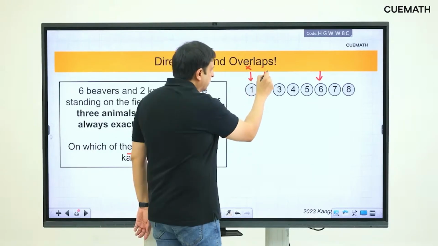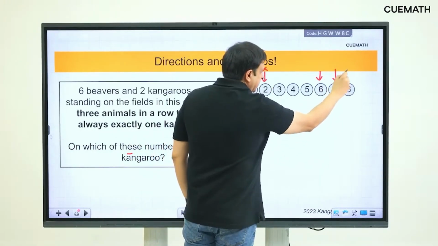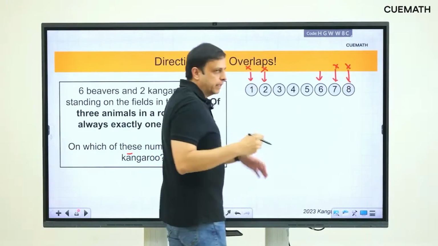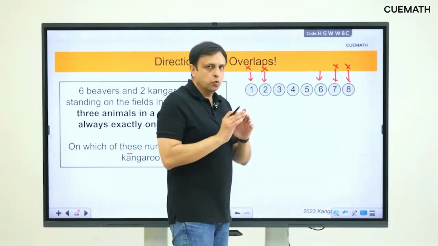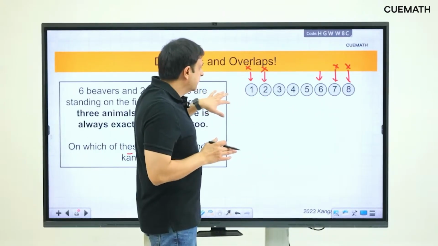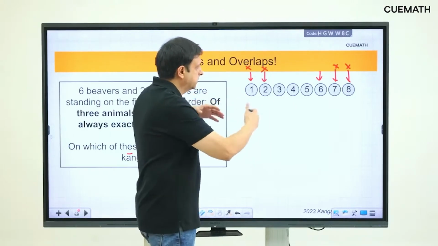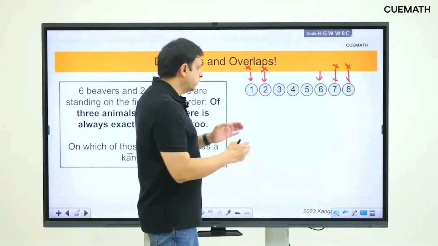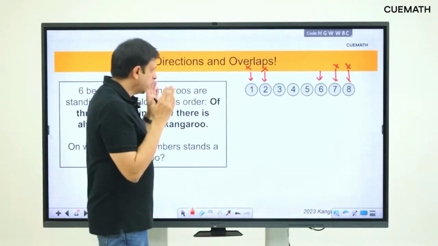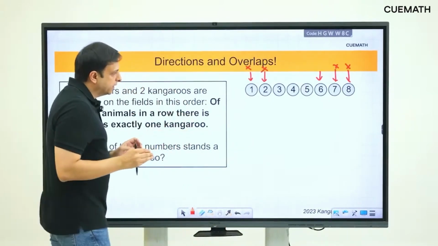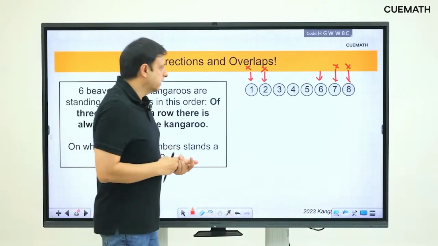So this also won't work, and similarly this here and this here also won't work. And intuitively the way you can think about this is these positions are too close to the edge of the sequence, and therefore they don't give you enough coverage in the middle. And what you need is whatever sequence of 3 animals you take, you always must find a kangaroo in them.